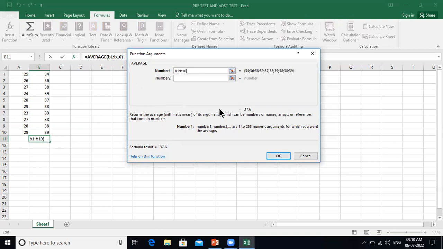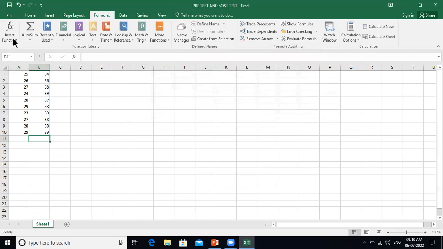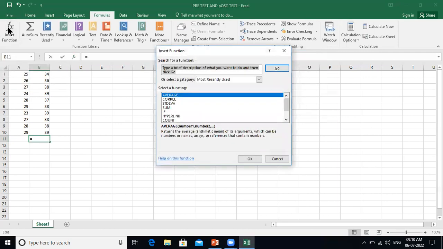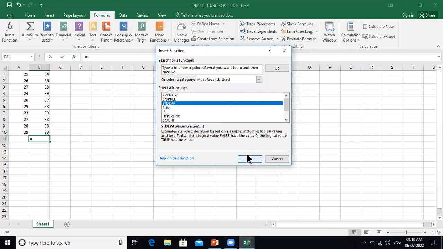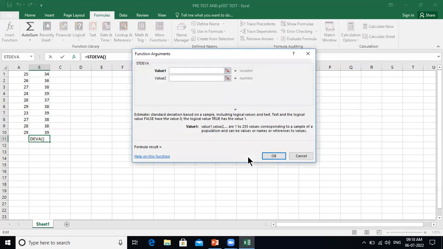Simple. Now let's find the standard deviation. Again, I would like to go here and select STDEV, the third one. This is for standard deviation.